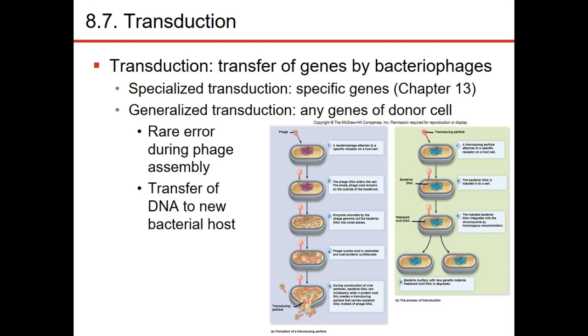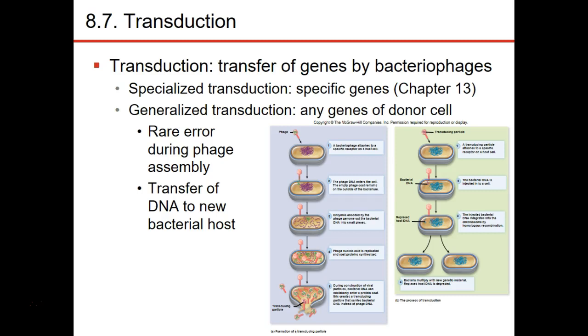Transduction then is the transfer of genes from one cell to another cell through the use of a bacteriophage. So there are two types of transduction, generalized and specialized transduction.